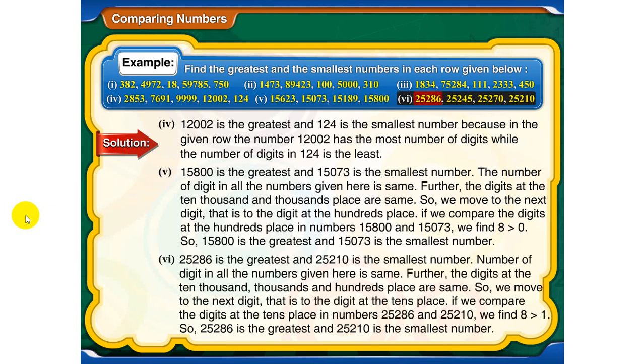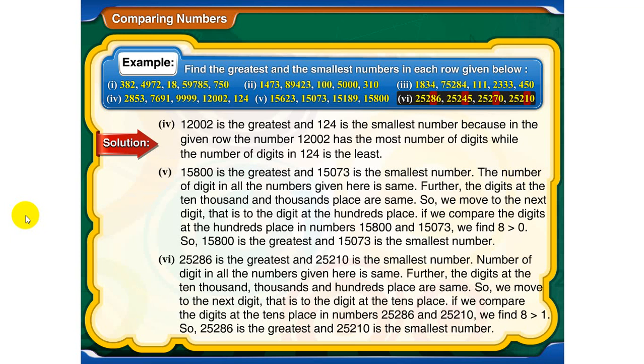6. 25,286 is the greatest and 25,210 is the smallest number. The number of digits in all the numbers given here is the same. Further, the digits at the 10,000, thousands and hundreds place are same. So, we move to the next digit, that is to the digit at the tens place.